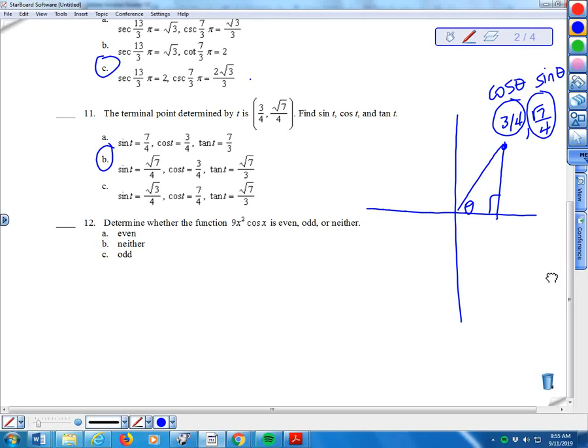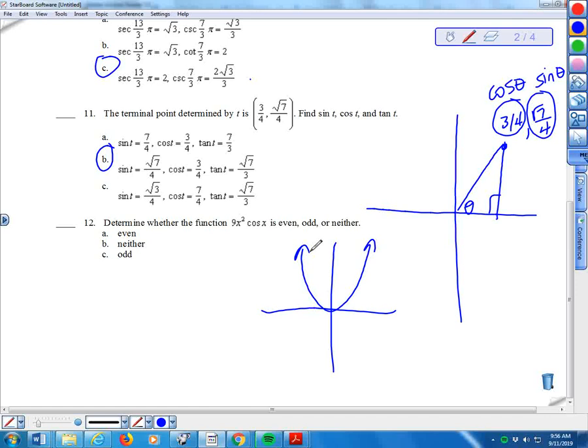Okay. All right, how do we determine whether something's even or odd or neither? I think I did a problem like this on the review video that you guys watched. Well, it wasn't this problem, but it was one like it. You remember from Algebra 2? Okay, so graphically, a function is even if it's symmetric around the y-axis.